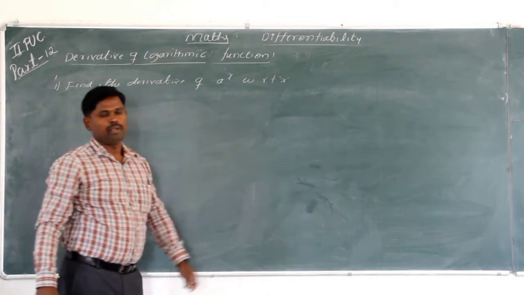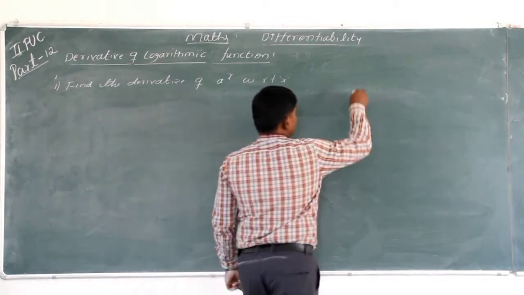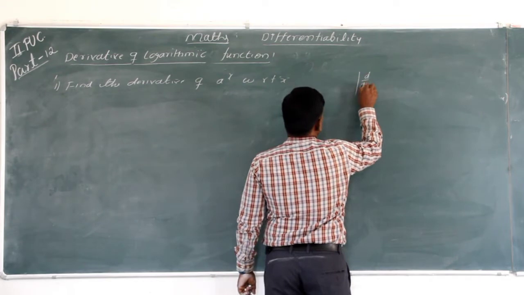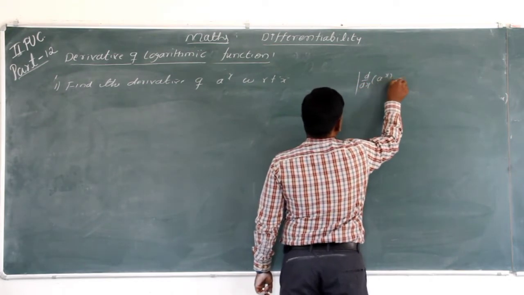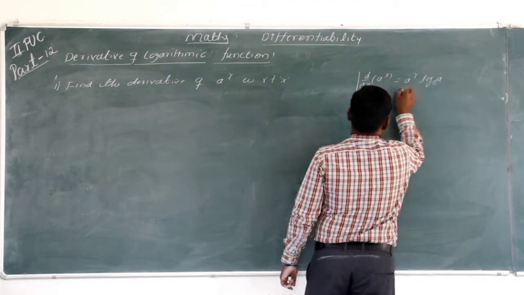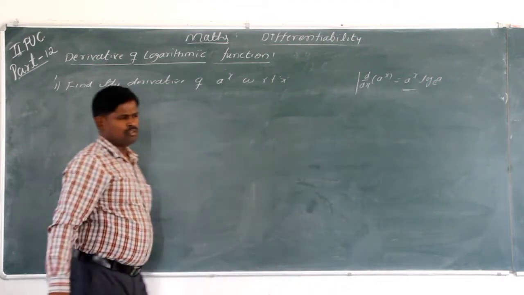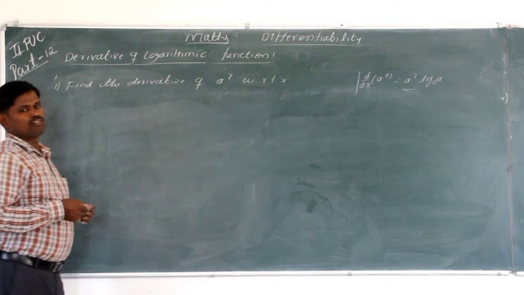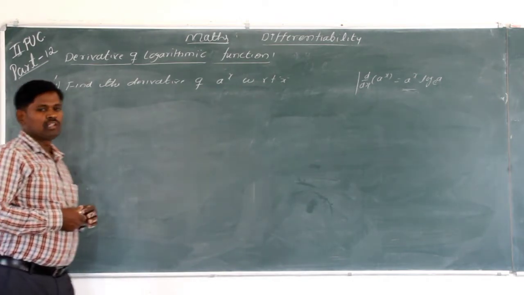We already have a standard formula, that is, d by dx of a to the power of x is a to the power of x into log a base e. We can derive that formula using logarithmic differentiation.